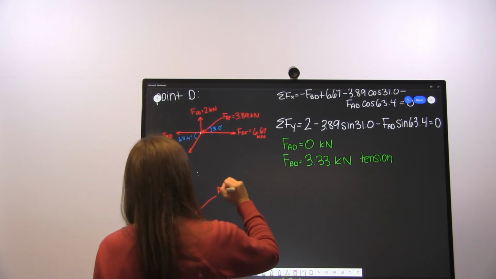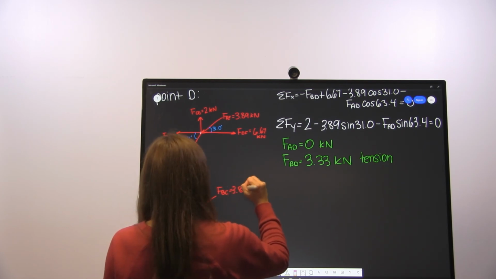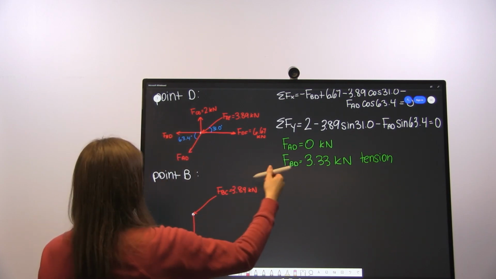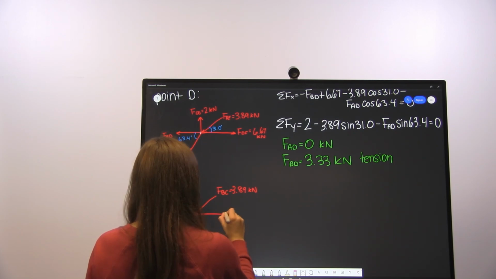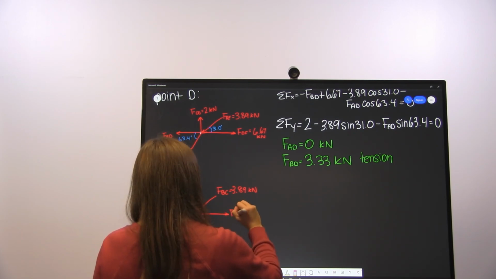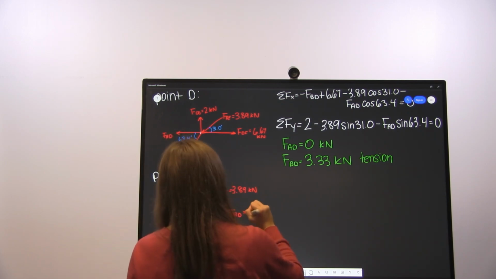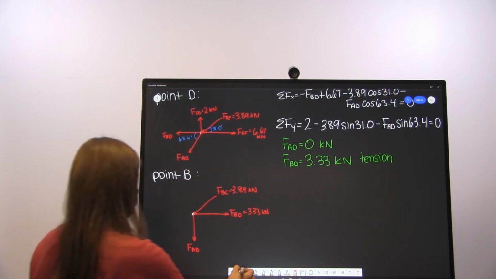This is force BC, which was equal to 3.89 kilonewtons. And that was negative. It was our compressive force, so that's why it's going this way. And then we have force BD, which is equal to 3.33 kilonewtons, and that was tension. That was positive, so that's why it's going that way.